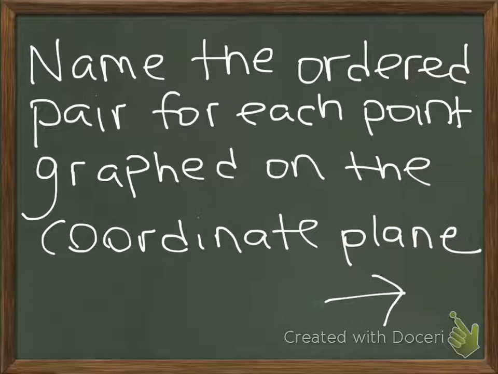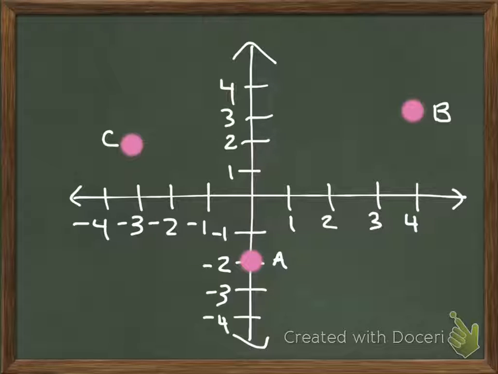Here we're going to name the ordered pair for each point graphed on the coordinate plane. So if we look at the coordinate plane, let's look at A. A, it looks like from the origin we go nowhere on the x-axis, and we go down 2 on the y-axis.